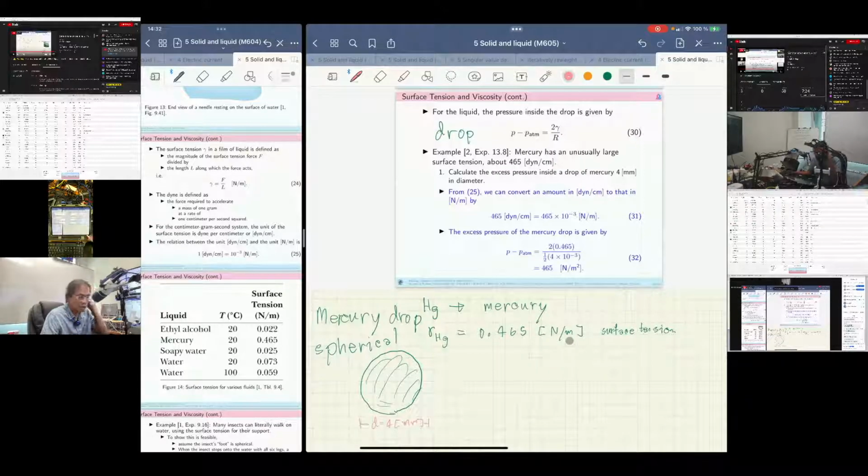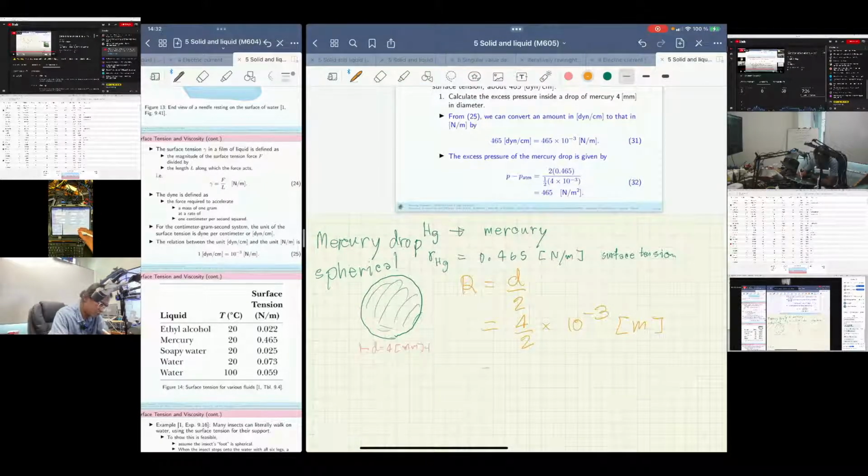The radius would be D by 2, half the diameter, so 4 by 2 times 10 to the negative 3 in the SI scale in meters. You would have 2 times 10 raised to negative 3 meter.